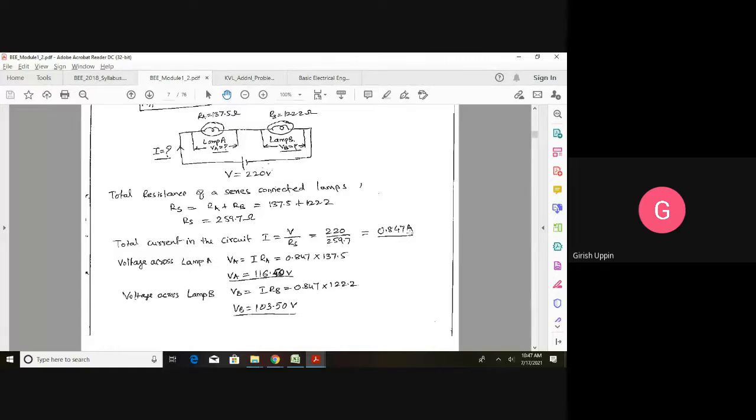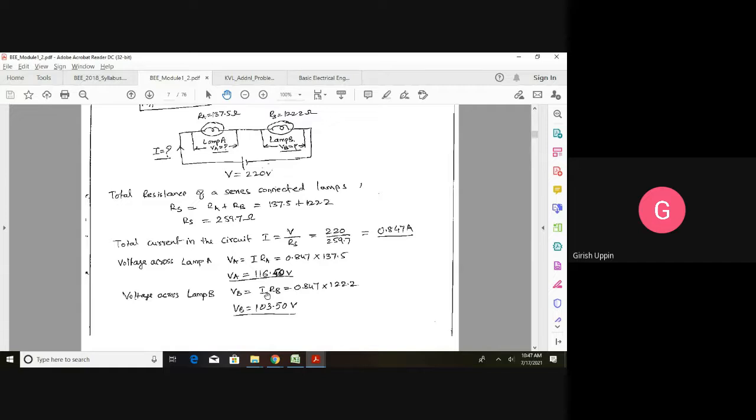0.847 amperes. Now, once we know the current, what would be the voltage drop here? V is equal to IR. So the voltage here is this resistance into this current. The voltage across lamp A, VA, is equal to I into RA, 0.847 into 137.5. We get 116.5 volts. And what would be the voltage across B?